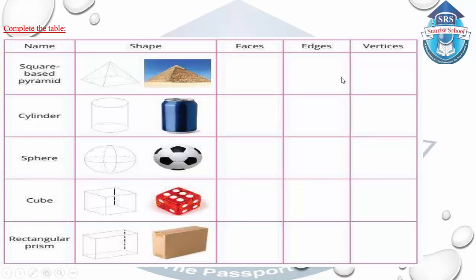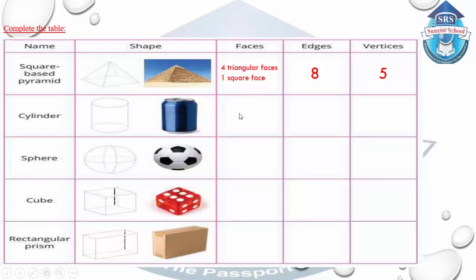How many edges? How many vertices? Yes, 4 triangular faces and 1 square face. How many edges? Great, 8 edges. Vertices. Brilliant, 5 vertices.